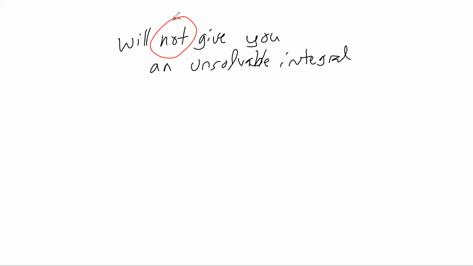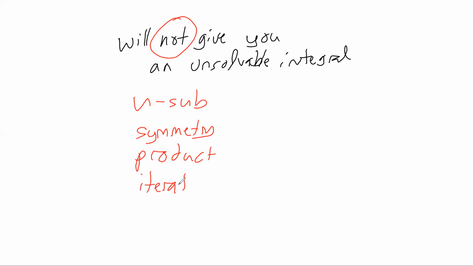Okay, so there's always a trick. It's either going to be a u sub, or it might be symmetry. In the easiest case, it'll be a product, or it could be just a straight up iteration. And you just have to crunch it out.